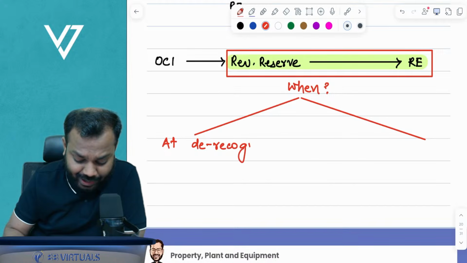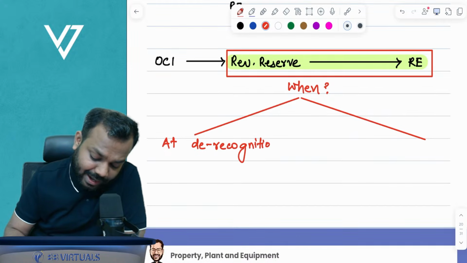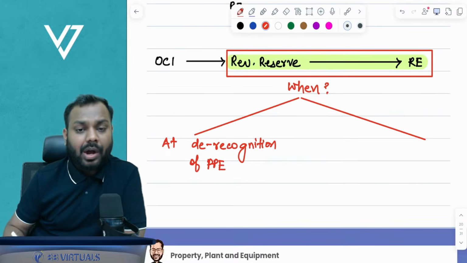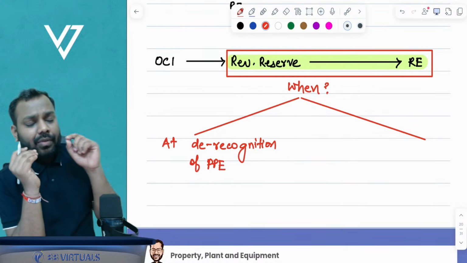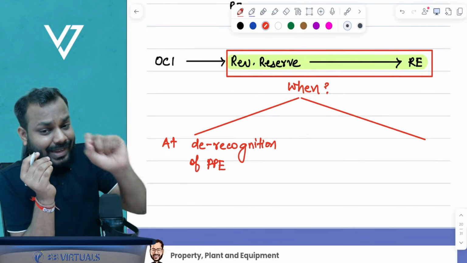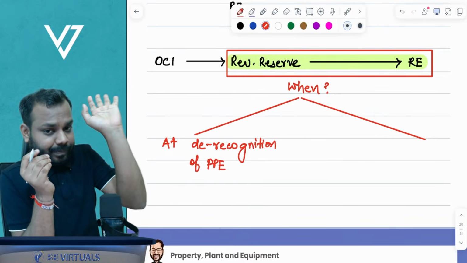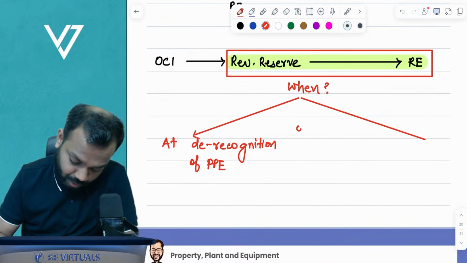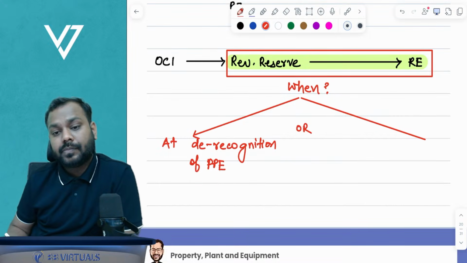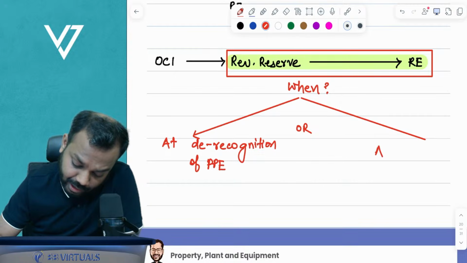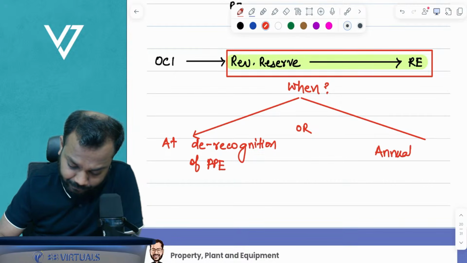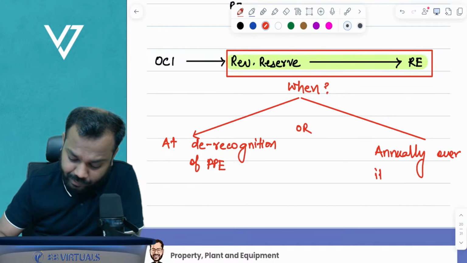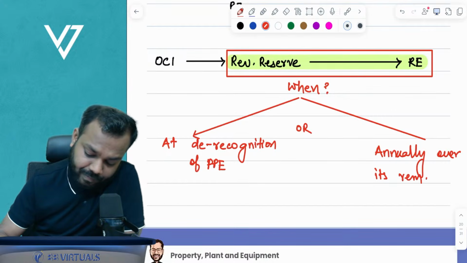When you derecognize PPE, at that point of time, you transfer the revaluation reserve for that asset to retained earnings. Or you transfer annually over its remaining useful life.